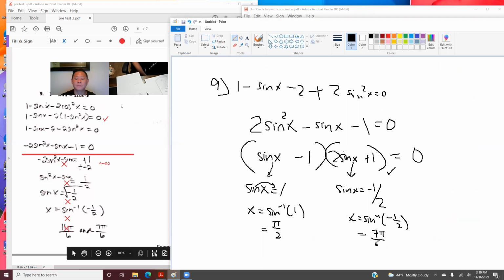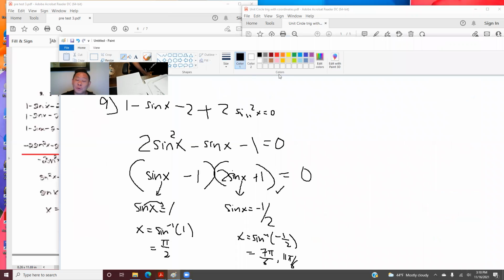Yep, that's your answer. I got confused because of the other kind where you can have 4 answers because you take plus or minus when you take the square root. Nope, you can only take the square root if you do not have the sine x term.